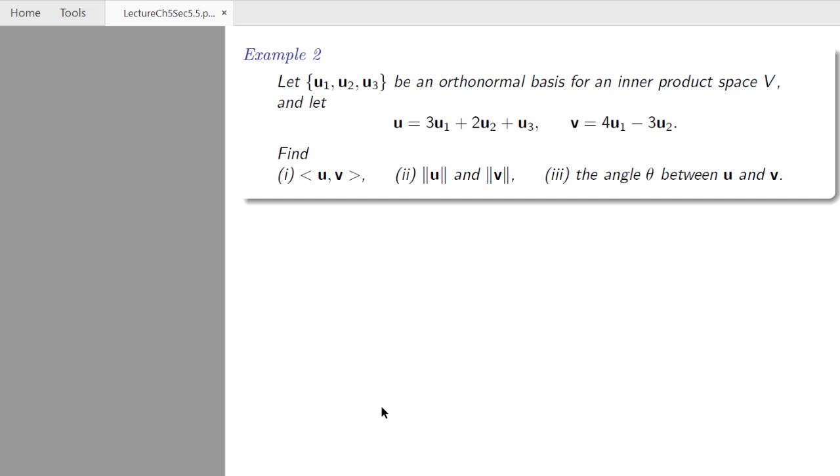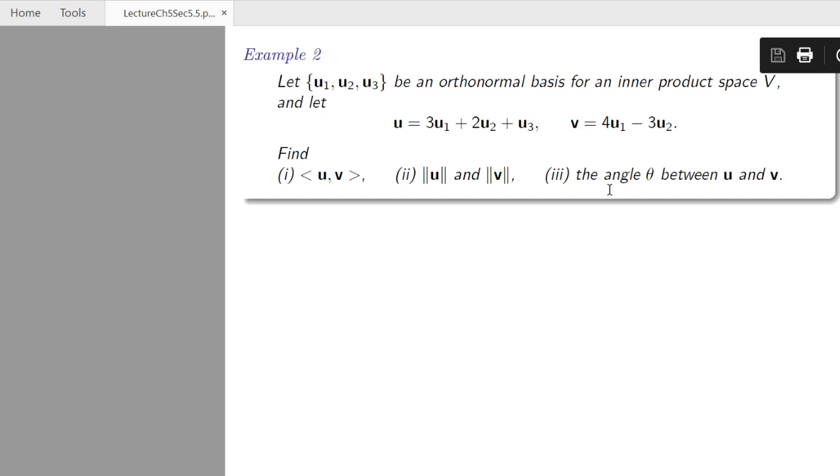Let's take a look at example 2. Here we assume u1, u2, u3 is an orthonormal basis for inner product space V. And we assume u has this form and v has this form. We want to find the inner product between u and v and the length of each of these two vectors.